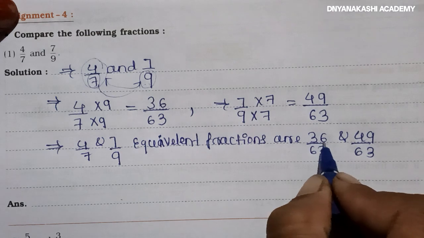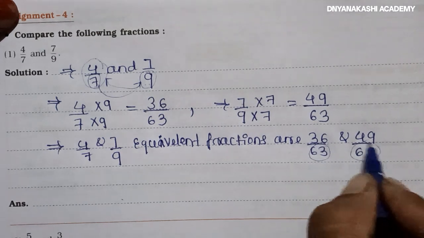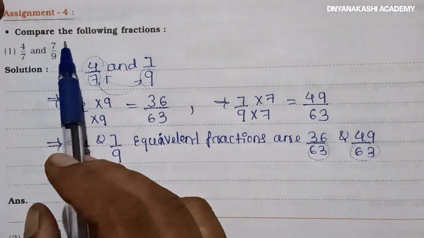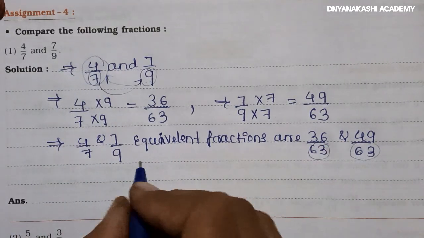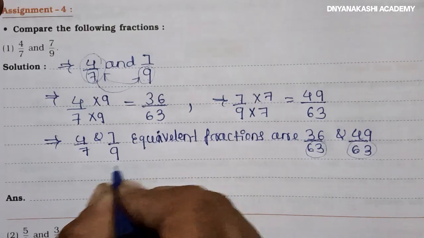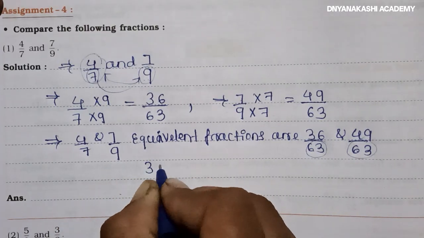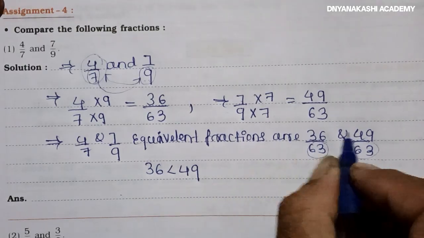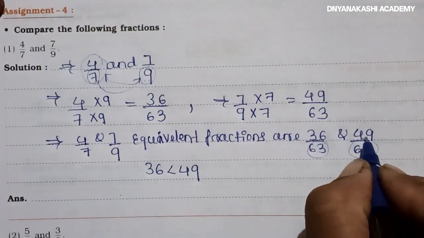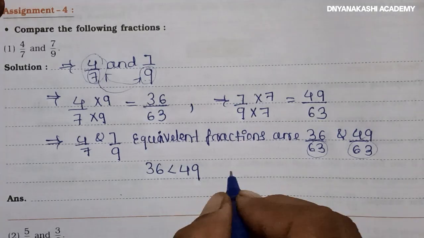Here the denominators are the same, so we compare the fractions. These two are like fractions. Here 36 is lesser than 49.